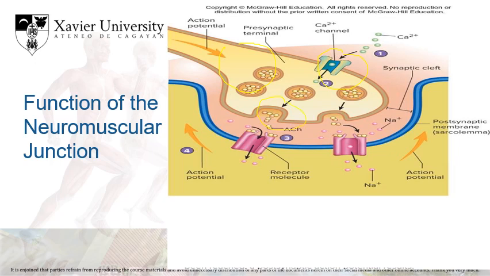So there is diffusion of acetylcholine across the synaptic cleft, binding to the acetylcholine receptor sites on the postsynaptic muscle fiber membrane, which opens the sodium channels. Sodium ions diffuse down their concentration gradient, which results in depolarization of the muscle fiber membrane. If threshold has been reached, a postsynaptic action potential is achieved.